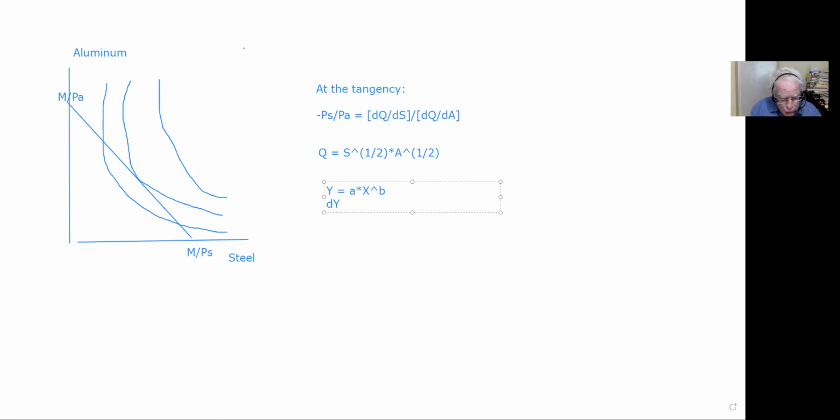In this general rule, the derivative, the change in y relative to a small change in x, is equal to b times a times x to the power of b minus 1.